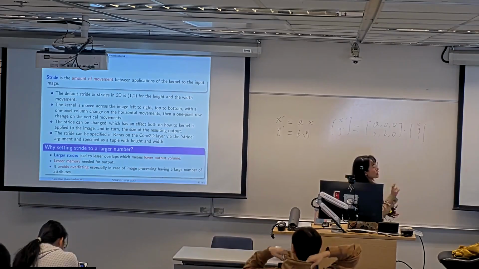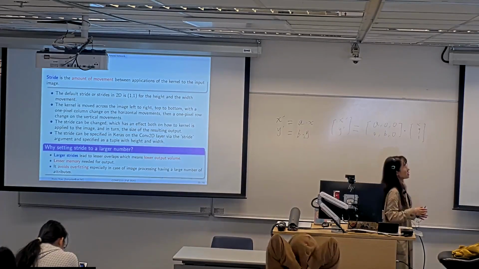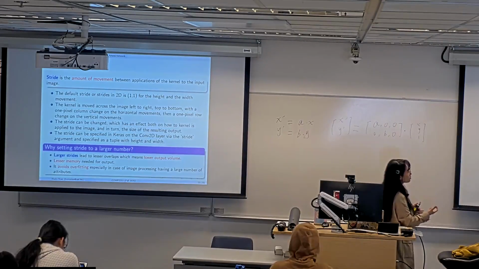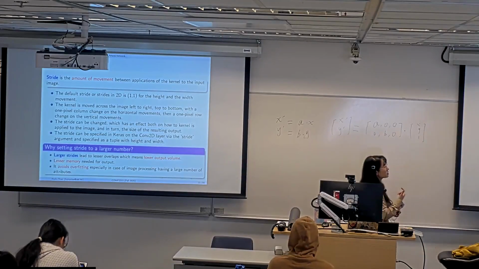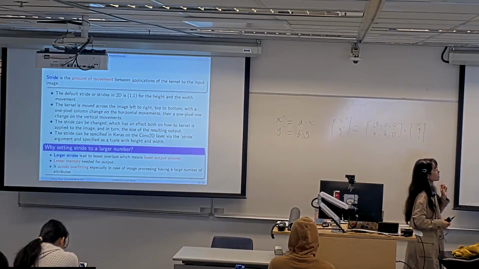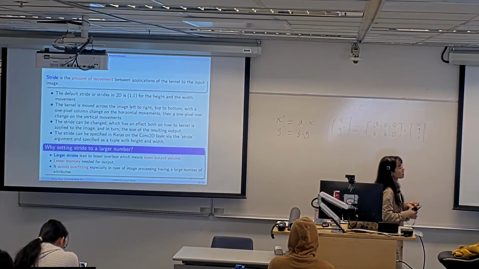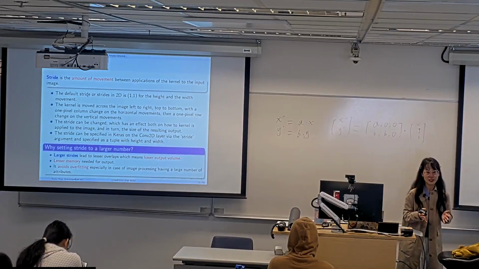But we can adjust this stride. The kernel is moved across the image left to right, top to down, with a 1 pixel column change on the horizontal movements and a 1 pixel row change on the vertical movements by default. But if we want to change the stride, then it will have an effect both on how the kernel is applied to the image and in turn the size of the resulting output.